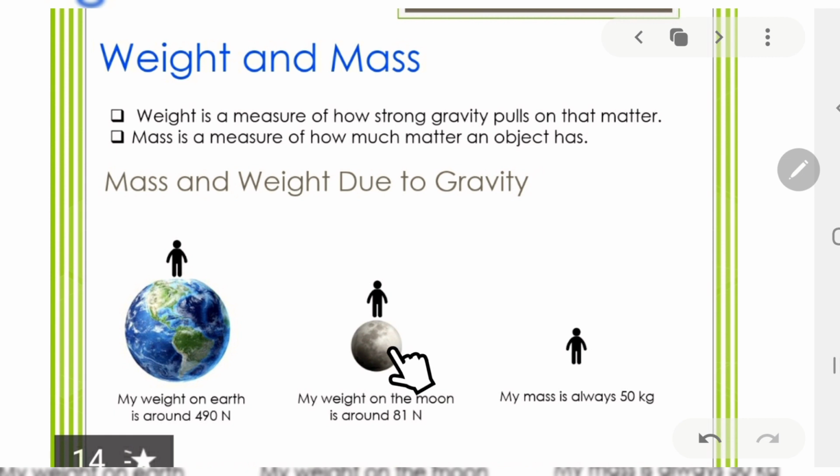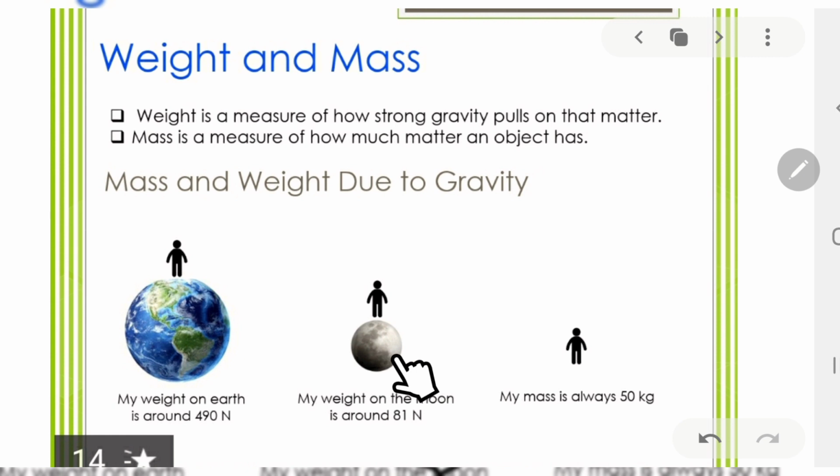So kenapa berbeza? Ini disebabkan di bumi tarikan gravitinya tidak sama dengan di bulan. For example, in Earth, the gravitational value is equal to 9.81.